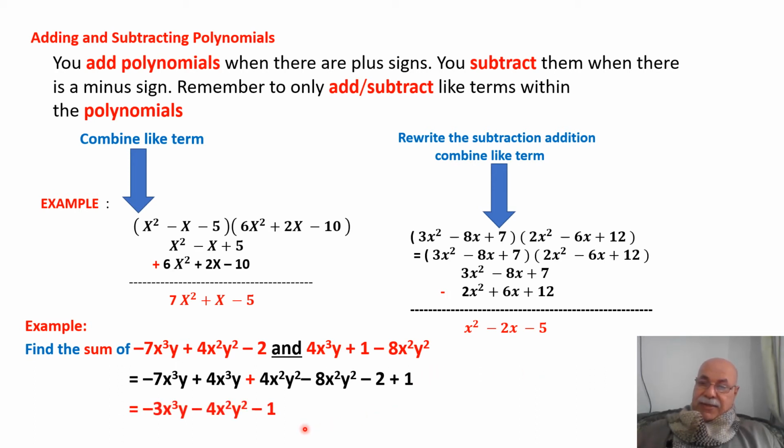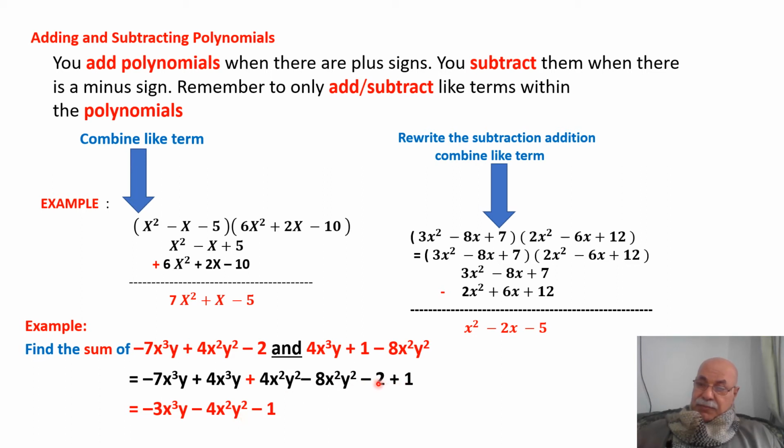We get now as a result after we simplify: 7 plus 4 is 11x cubed y. Then minus 4 plus 4 becomes 3x squared, and minus 4x squared y squared.